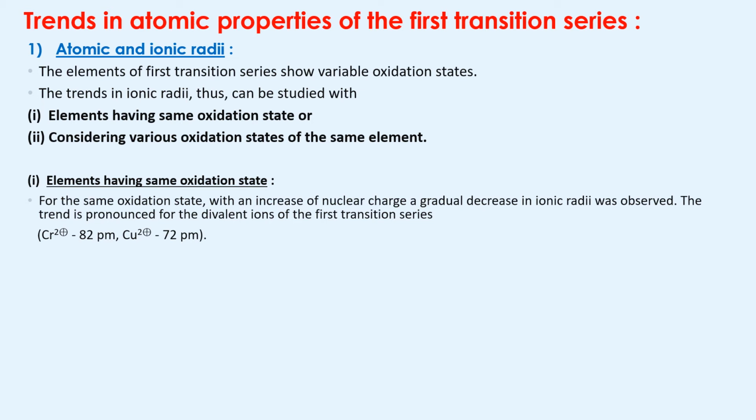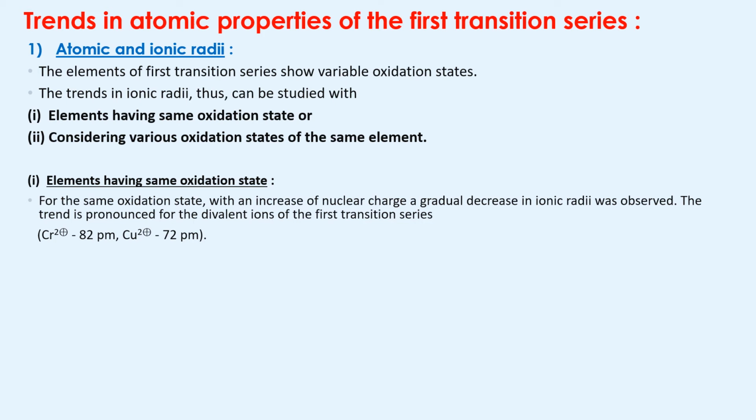Copper comes later, whose atomic number is 29. As the nuclear charge increases across the period from left to right, the ionic radii decreases.